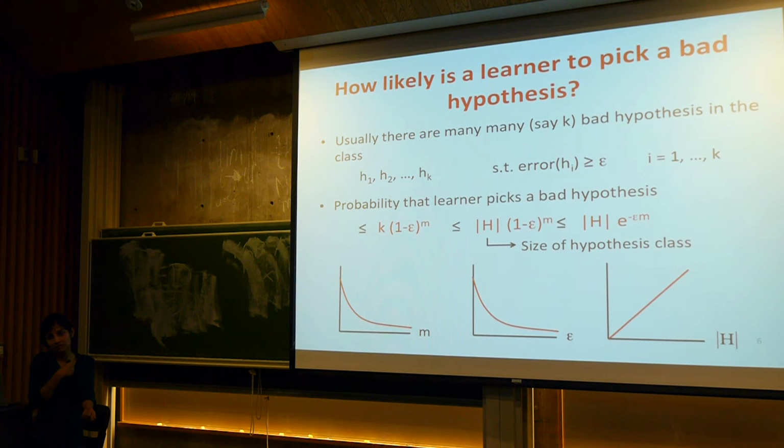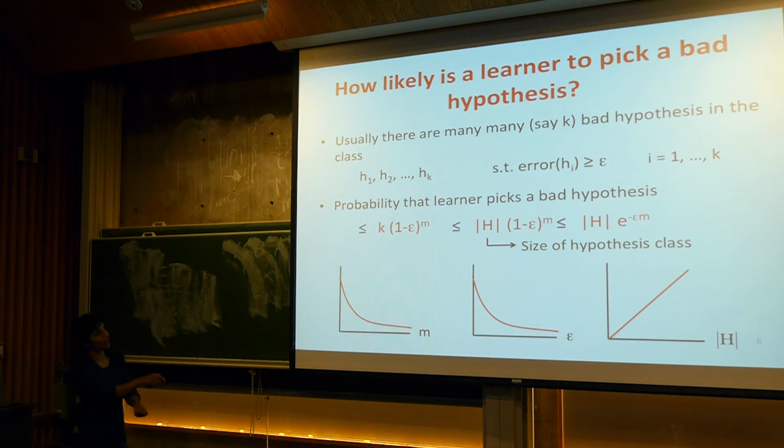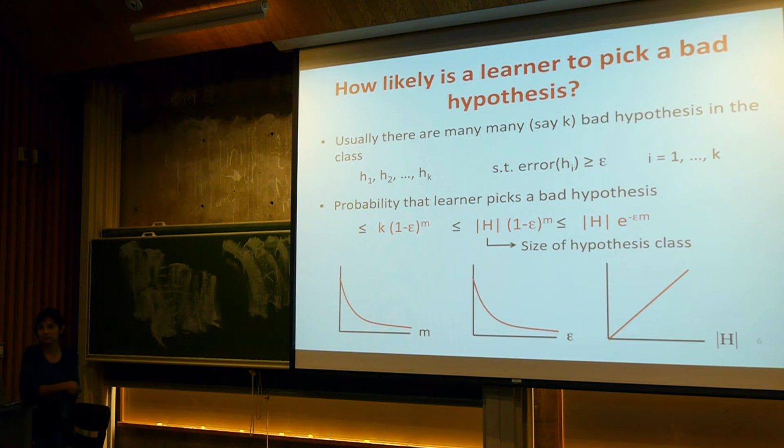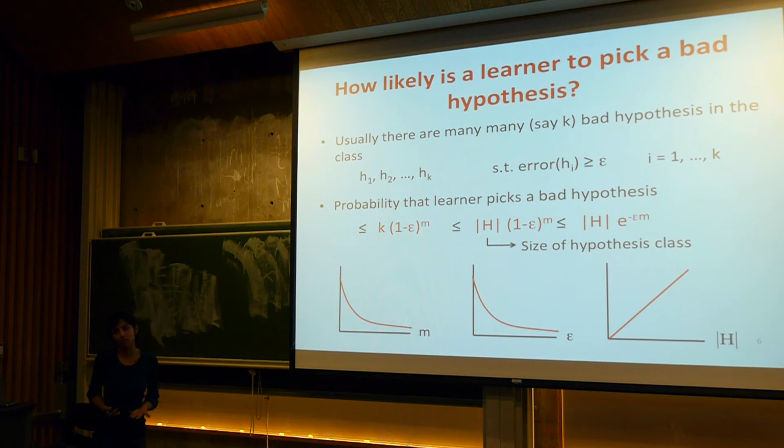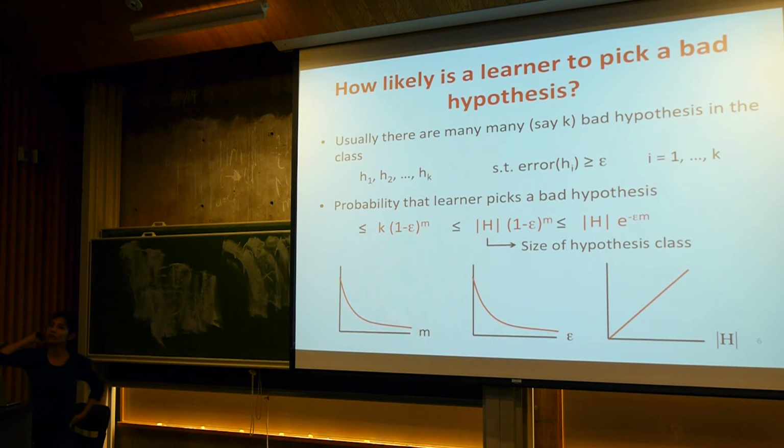Does that make sense? So the worse the hypothesis is in truth, the less likely it is to actually get all the training data correct, and that's what this is reflecting. Because the learner chose a hypothesis which has 0 training error in this example, the probability that he'll pick such a hypothesis is small because its true error is much larger. Any other questions?